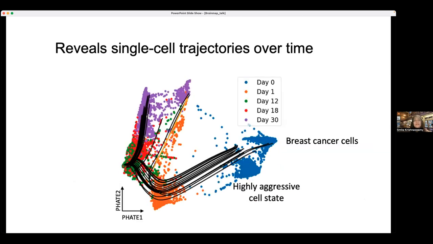And one of the interesting things about these is you get a trajectory for every single cell, and I haven't visualized all of them, but it's very clear that there's at least 2 types of trajectories. There's a metastatic-like trajectory and a benign-like trajectory.